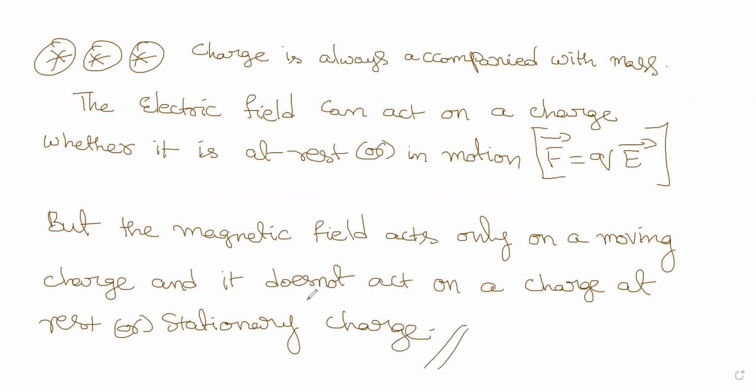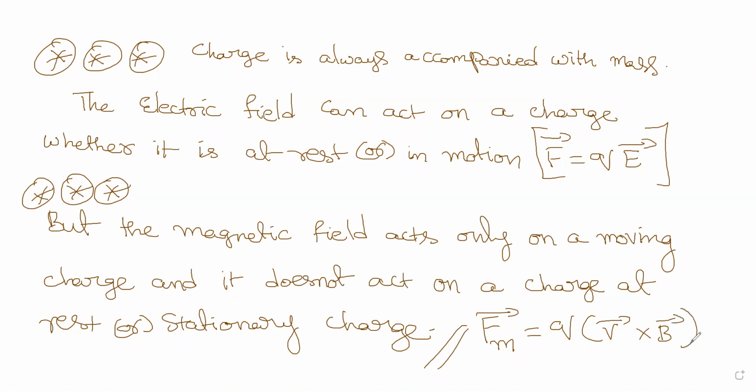This is the most important fundamental point you have to know in this entire chapter. These 2 points are the most important things. Why is it so? The magnetic force is given by Q into V bar cross B bar, where V is the velocity of the charged particle and B is the amount of magnetic field.